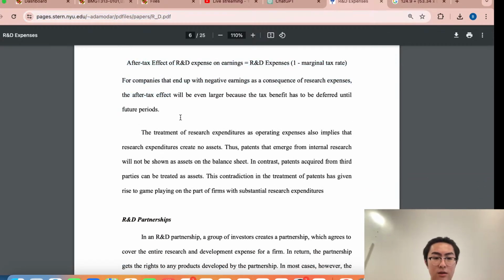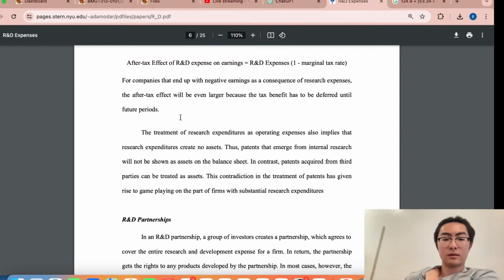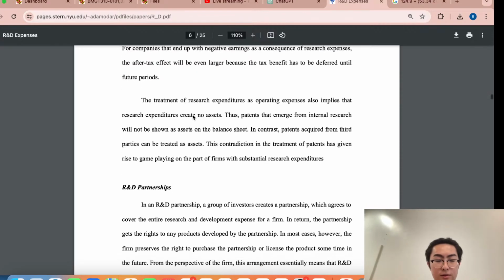Okay, this is interesting. The after-tax effects will be even larger because the tax benefits have to be deferred until future periods. Okay.